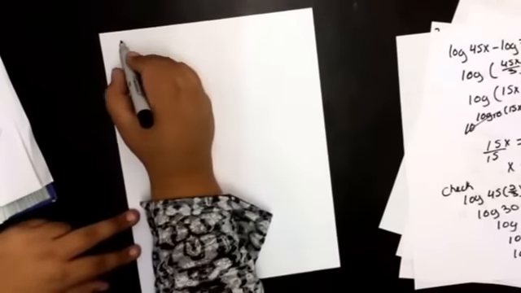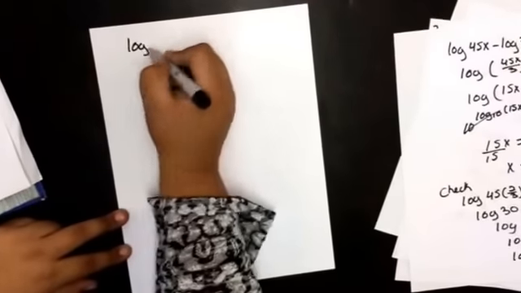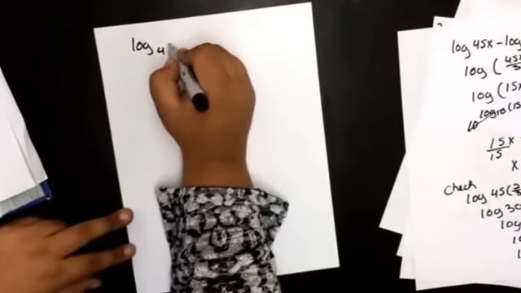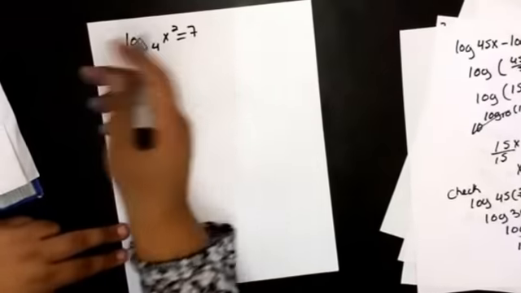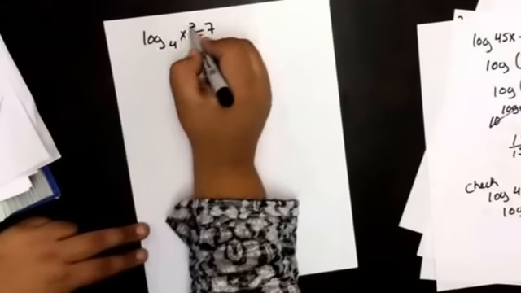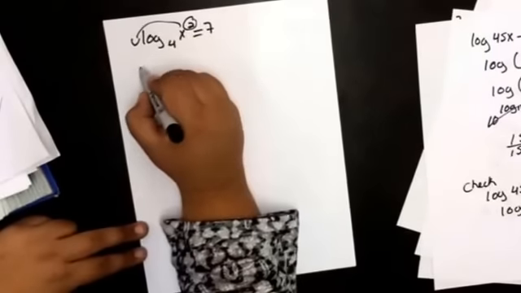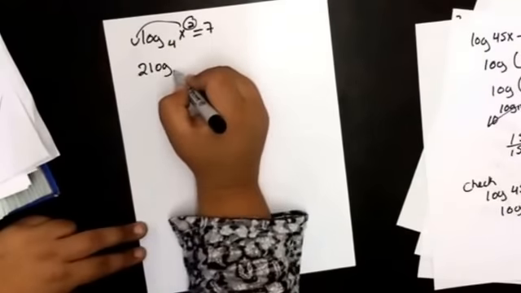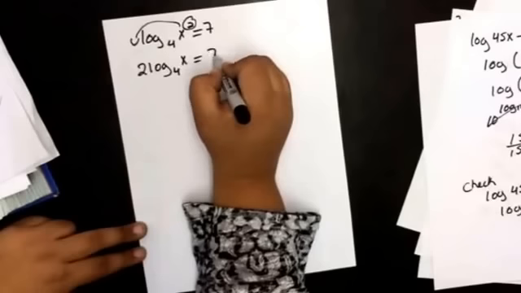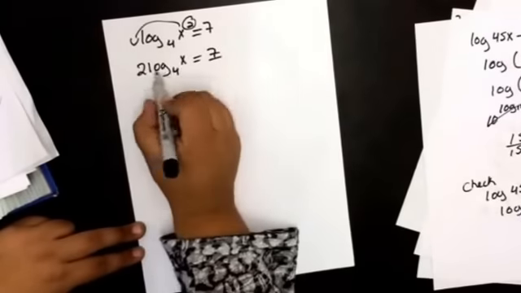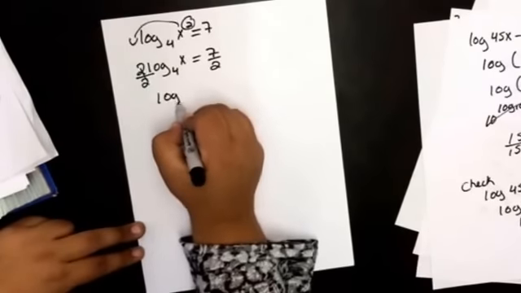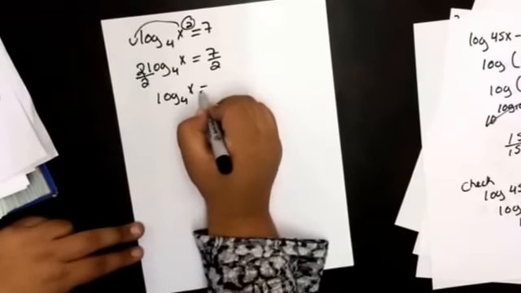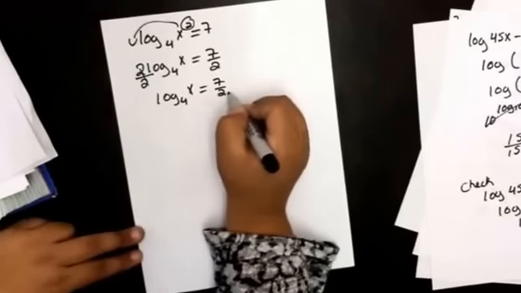Let's do another example. What if we have log base 4 of x squared equals 7? The exponent, we can bring it to the front. So it's 2 log base 4 of x equals 7. To get rid of the 2, we can divide by 2. So now we have log base 4 of x equals 7 over 2.